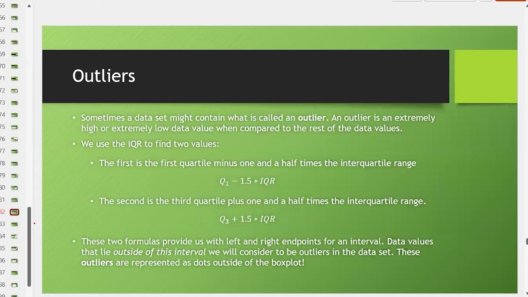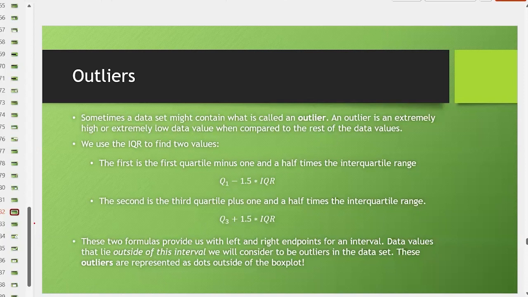Now, if we wanted to determine if there were outliers in a data set, so we collect a bunch of data, is there anything that's going to behave like an outlier, or anything we would consider as an outlier? In some cases, this is how Excel will calculate outliers. We can use the interquartile range and the first and third quartile.